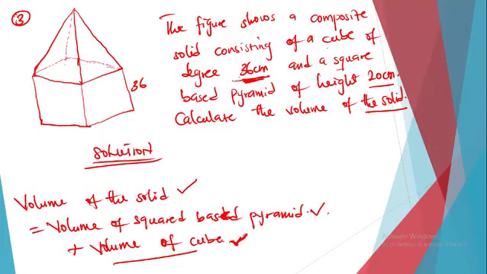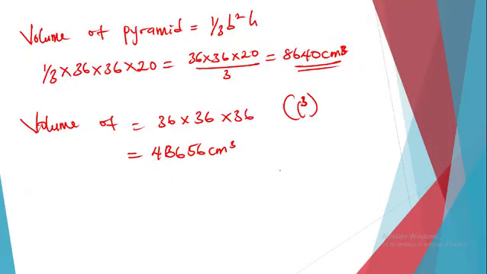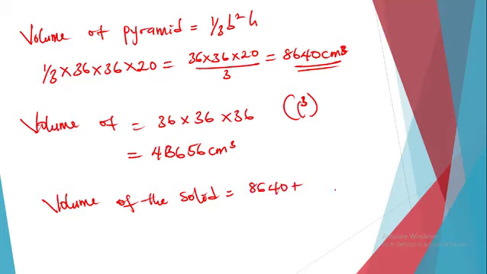So we've gotten the values of these. Therefore we have the volume of the solid to be equal to 8,640 plus 46,656, and we'll have our answer to be 55,296 cm cube. Okay, as our answer.